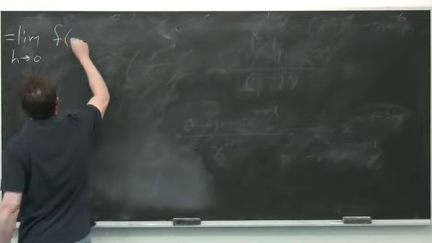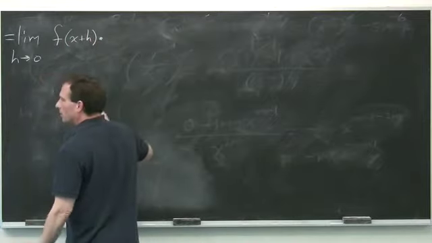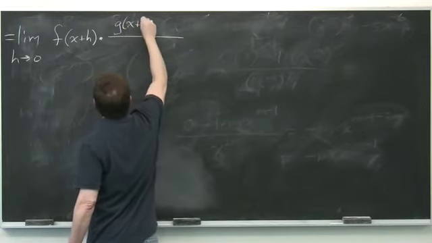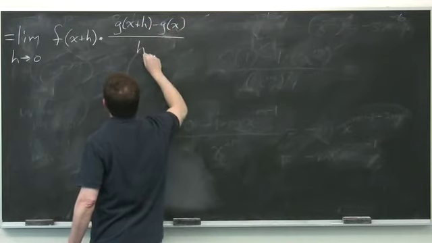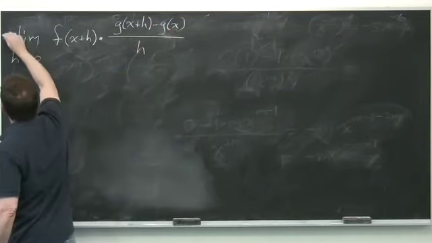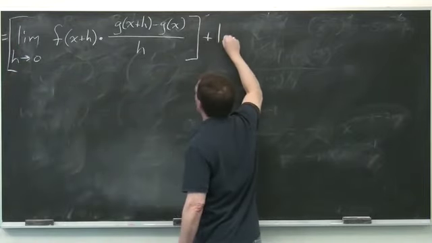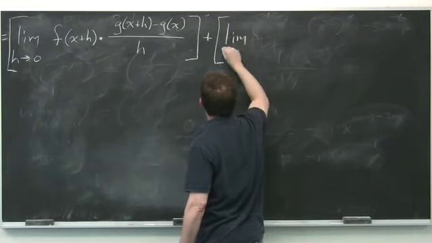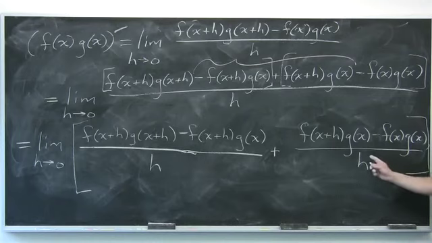And so I get the limit as h approaches 0, f of x plus h times, what we still have is g of x plus h minus g of x over h. And then you also get, that's added to the limit as h approaches 0 of, and in this part, you factor the g of x out.